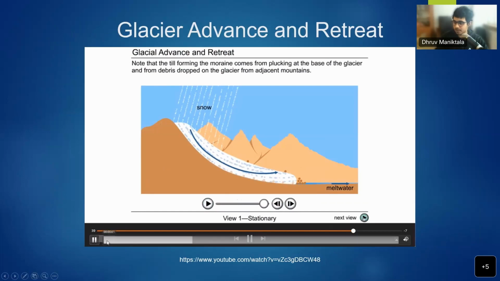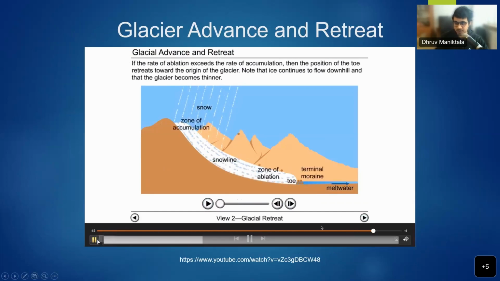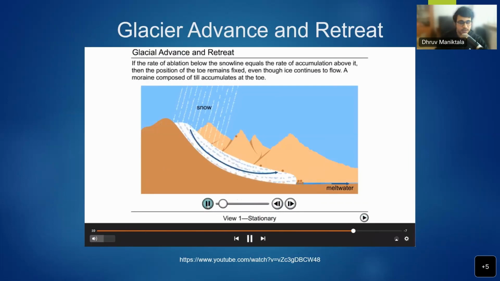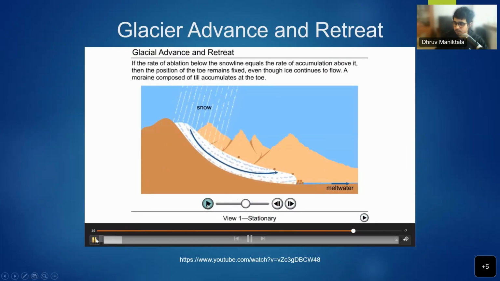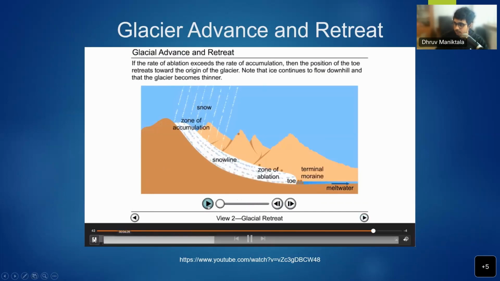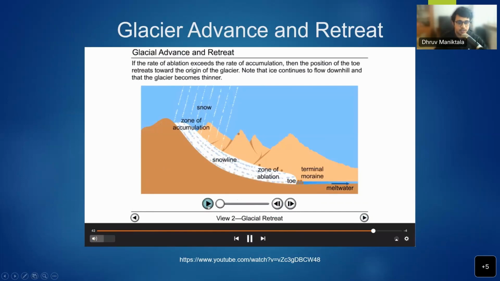And the second one is the glacial retreat. Here, the ablation is happening faster in the zone of ablation.